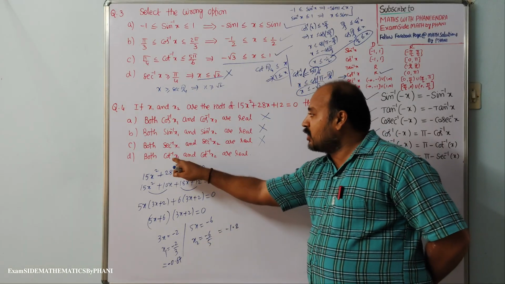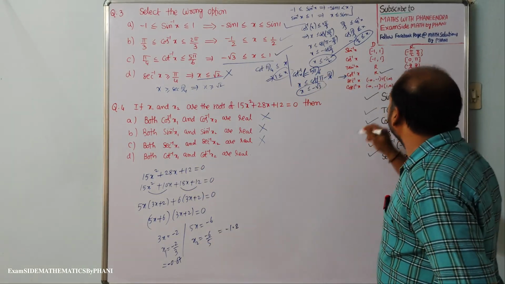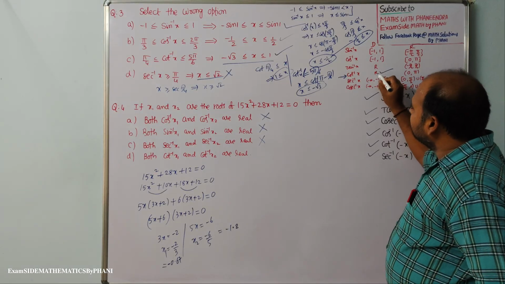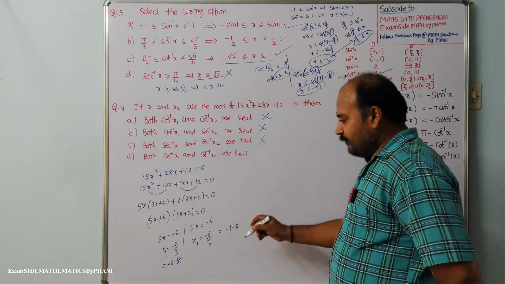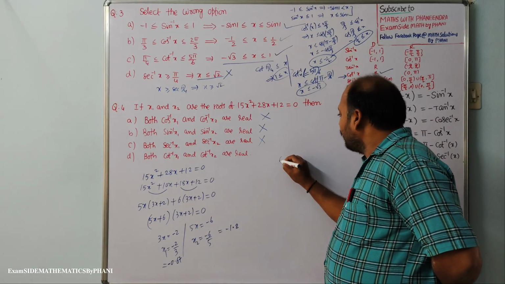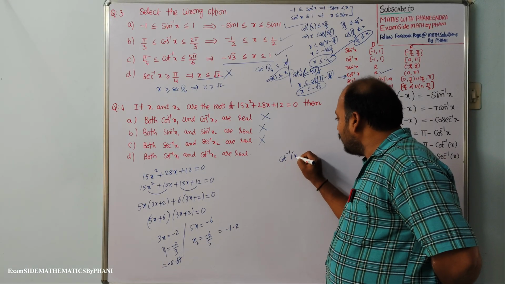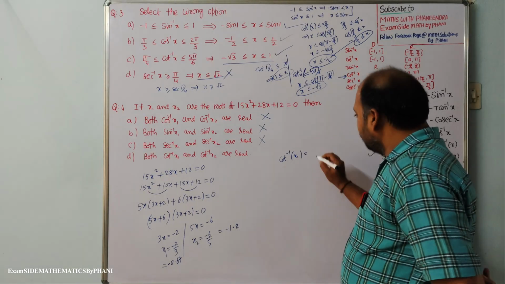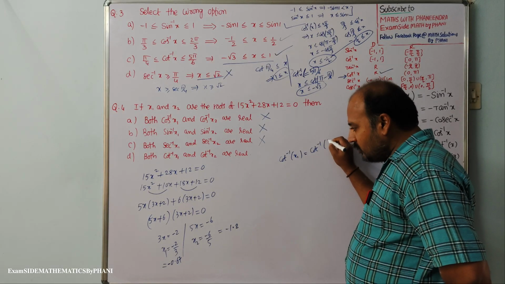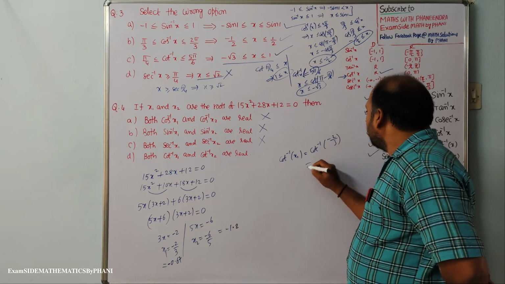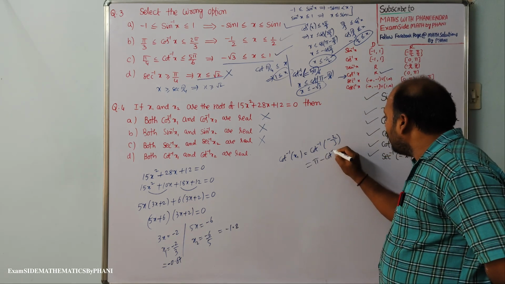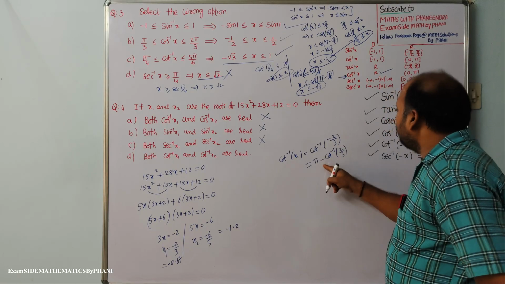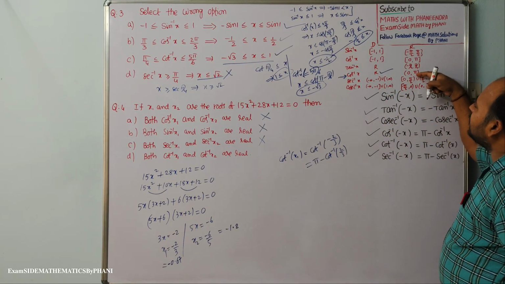But if we come to cot inverse x1 and cot inverse x2, in the real numbers, suppose for example cot inverse of x1, so it will be cot inverse of minus 2 by 3. So cot inverse of minus 2 by 3 becomes pi minus cot inverse of 2 by 3. The range is less than pi only, no?